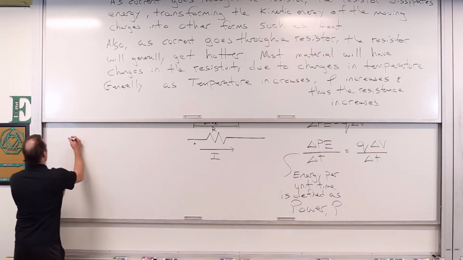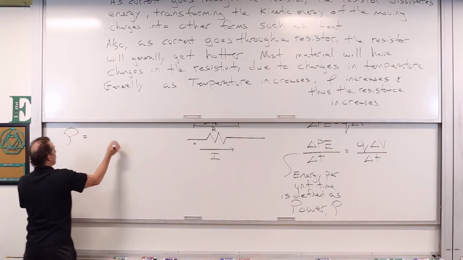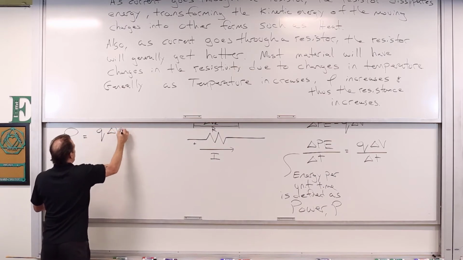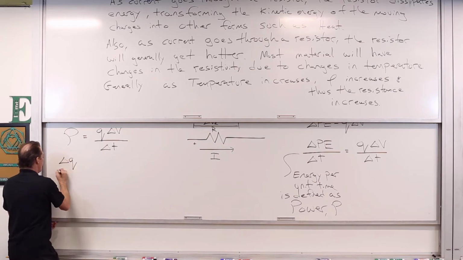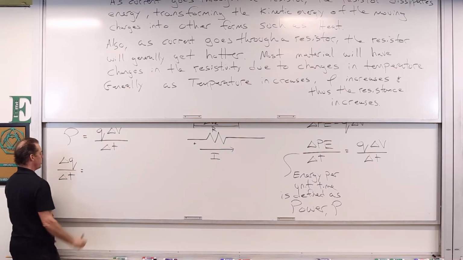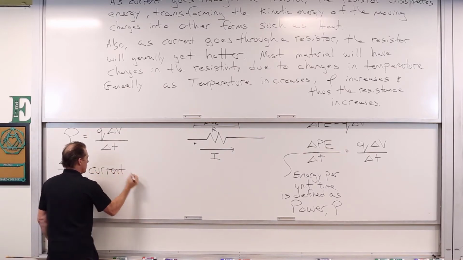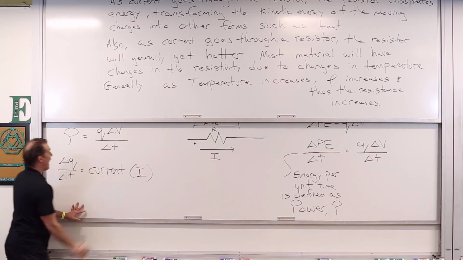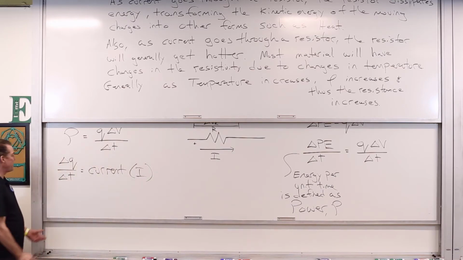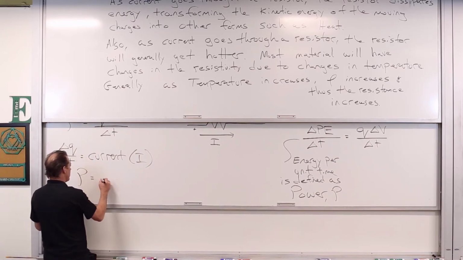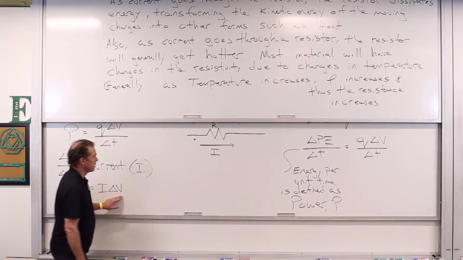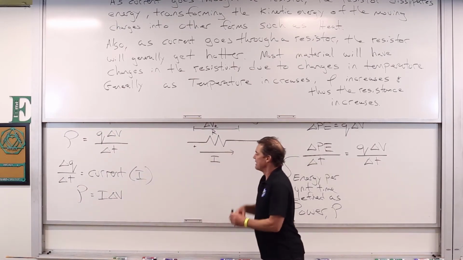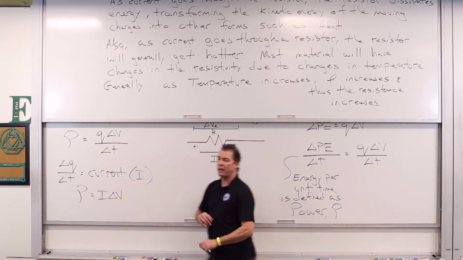What's that going to be equal to? Power is equal to Q delta V over delta T. Well, delta Q over delta T, what's that equal to? Current, I. So we can say that the power is equal to I times delta V. Delta V is the potential difference across the resistor that is dissipating the power due to the current going through that resistor.